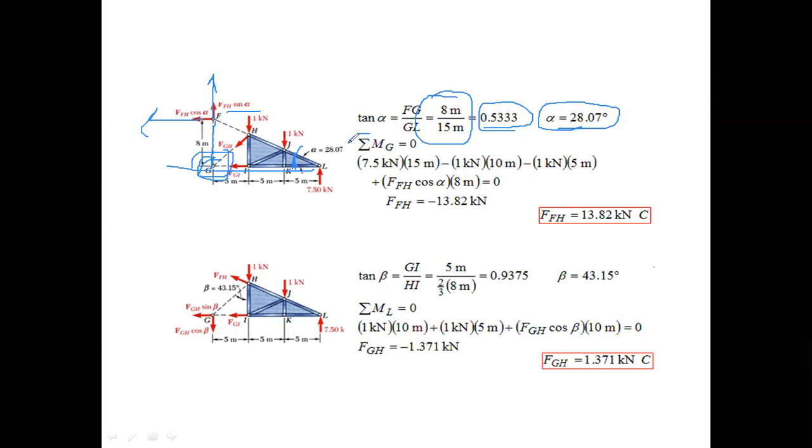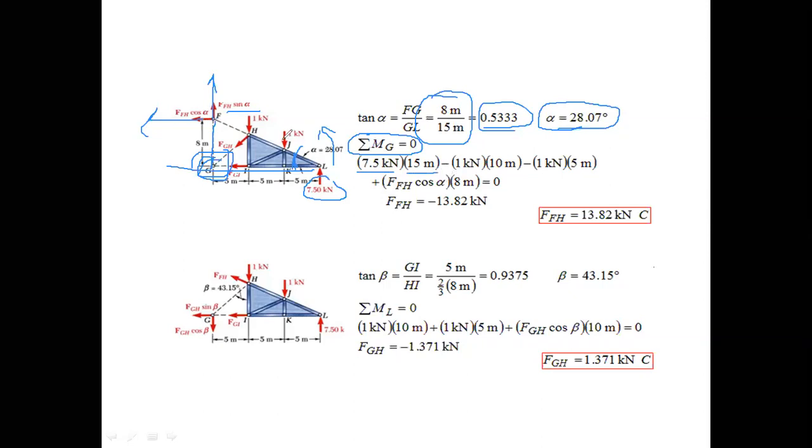So summation of moment about G is equal to 0. Now at G, what are the forces? 7.50 kilonewton into this distance, and anti-clockwise is taken as positive, so 7.5 into 15 meter moment.